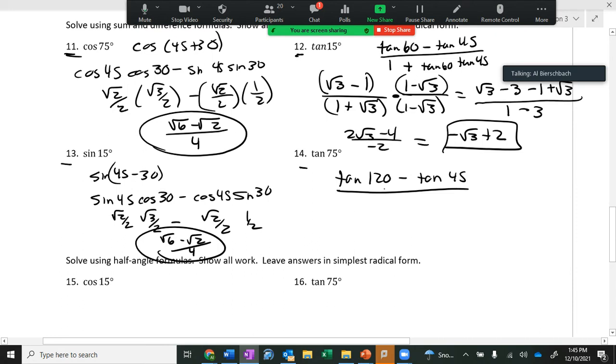So it's the tangent of 120 minus the tangent of 45 over 1 plus the tangent of 120 tangent of 45, which is negative square root of 3 minus 1 over 1 plus the square root of 3. In both cases, the square root of 3 is negative because at 120 degrees, the tangent is negative square root of 3. So we multiply by the conjugate of the denominator, which is 1 plus the square root of 3.